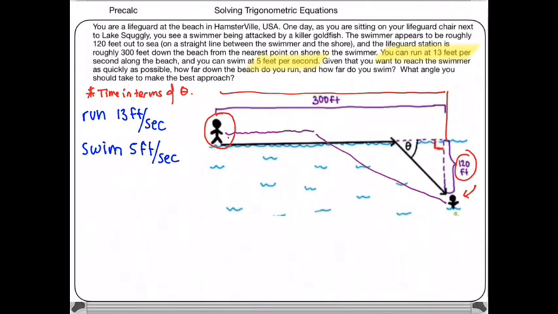That's going to make a triangle of sorts. And so we've got to take into consideration that they can run faster than they can swim.